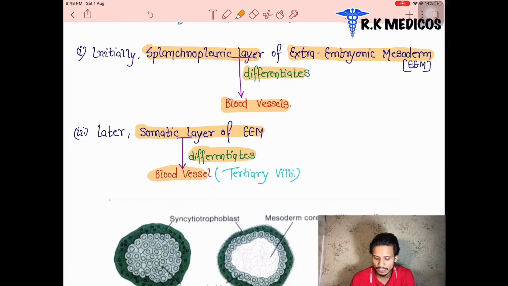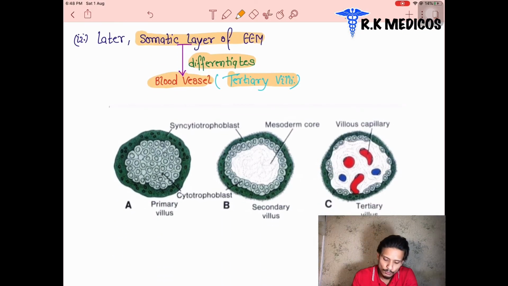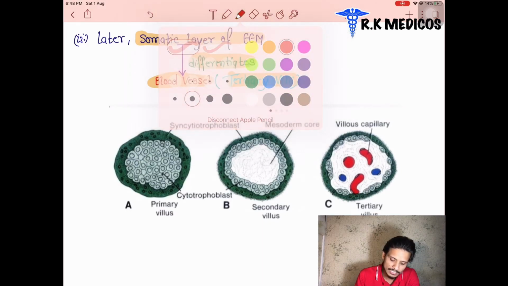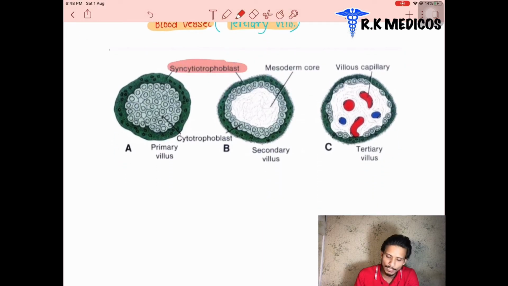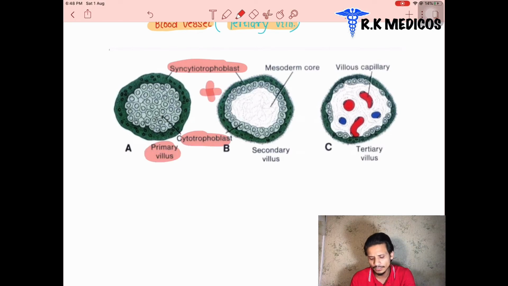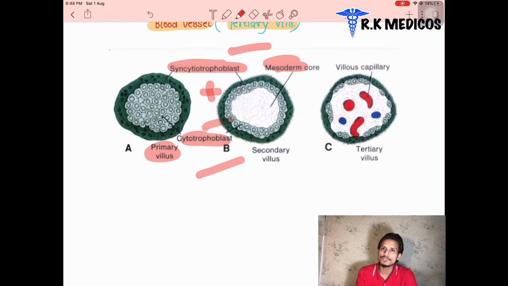These blood vessels are seen in the tertiary villi basically. Now you know the primary villi consist of the syncytiotrophoblast and cytotrophoblast. The syncytiotrophoblast and cytotrophoblast plus extra embryonic mesoderm, these three form the secondary villi. In the tertiary villi, blood vessels are included.